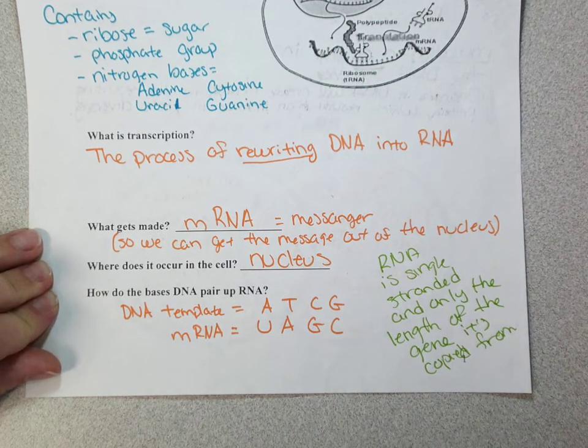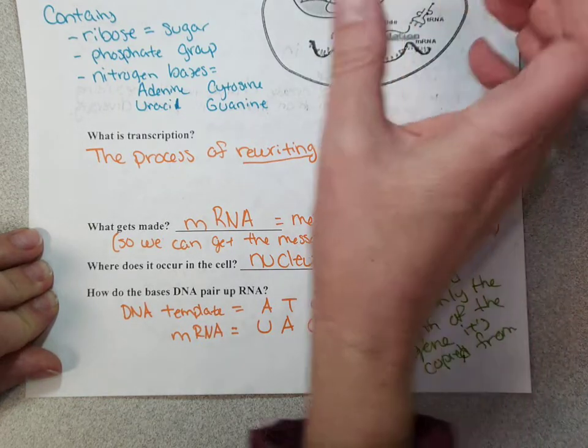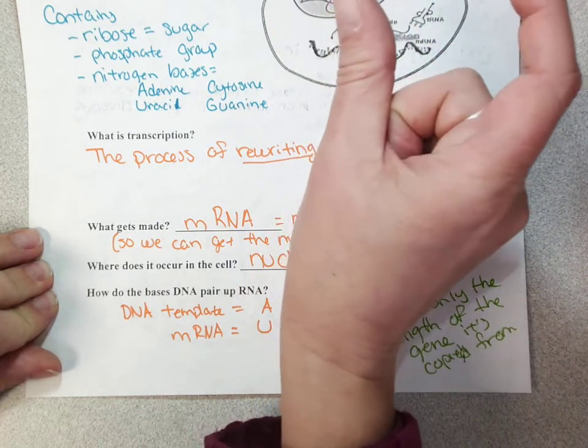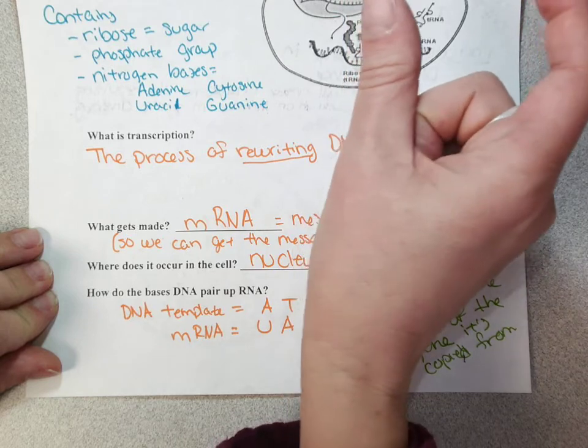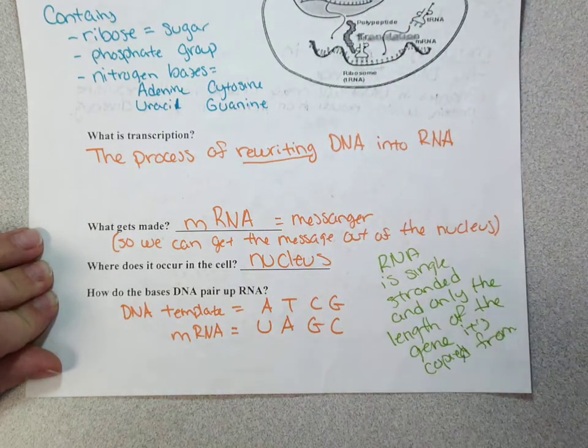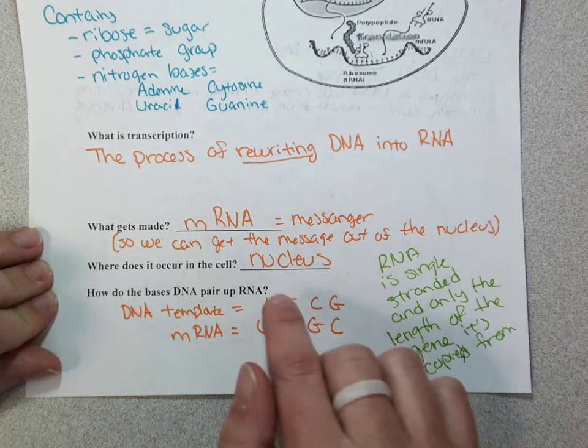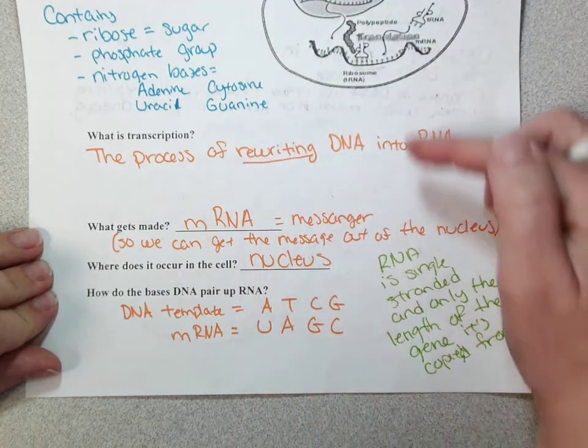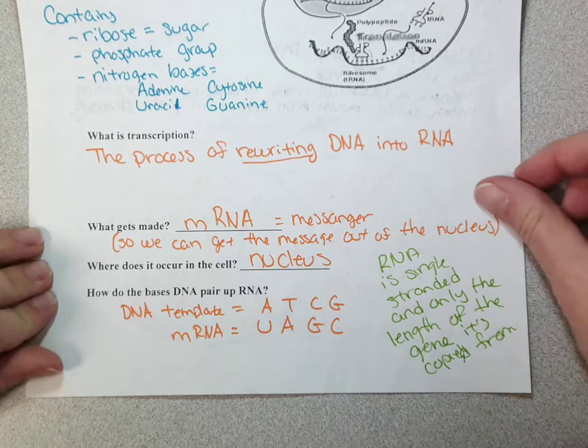Because you want to think about RNA, again, being that single little piece, that one portion of one side of DNA that we're writing down and taking with us to the ribosome. So once we have that made, it's going to be able to go to the cytoplasm.